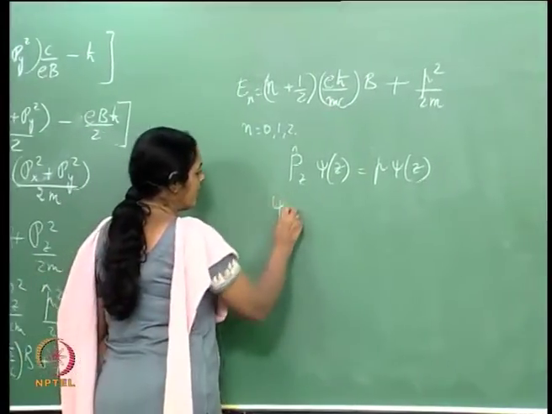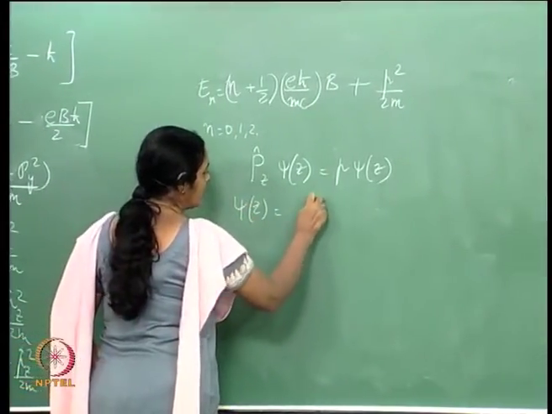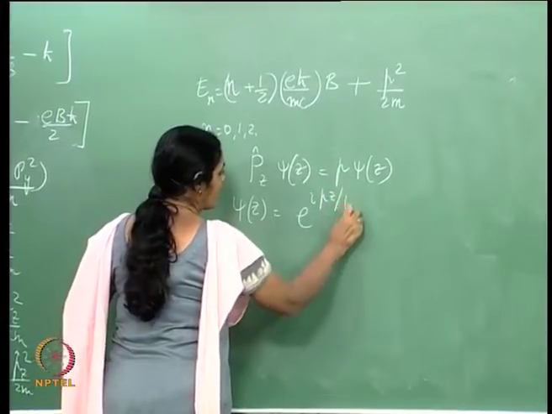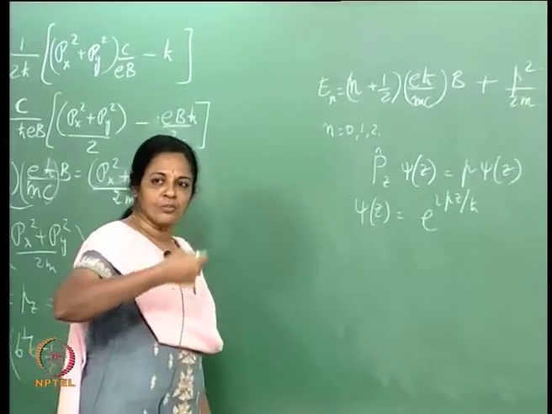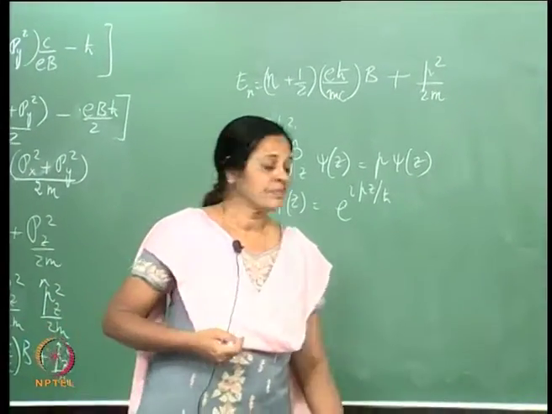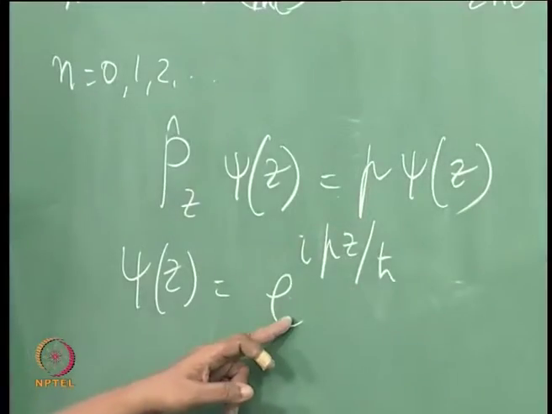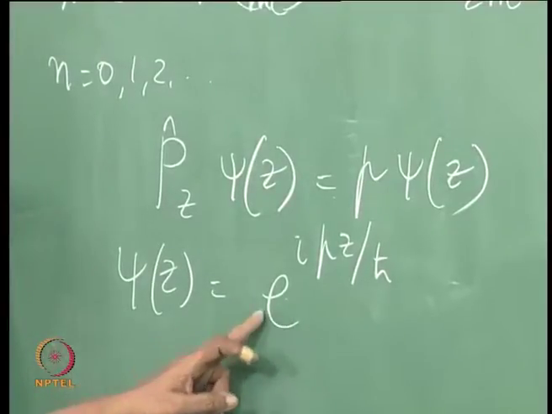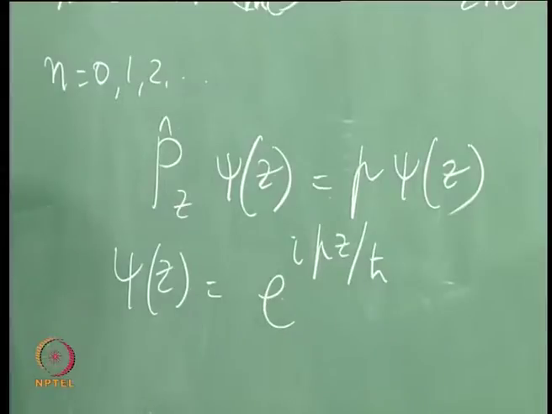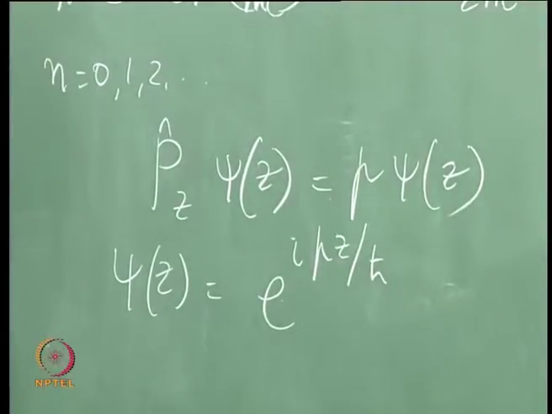Psi of z itself is a plane wave solution, e to the i p z by ħ. So the linear momentum of the particle is p. It behaves like a free particle with a constant linear momentum along the z direction, e to the i p z by ħ is the solution.